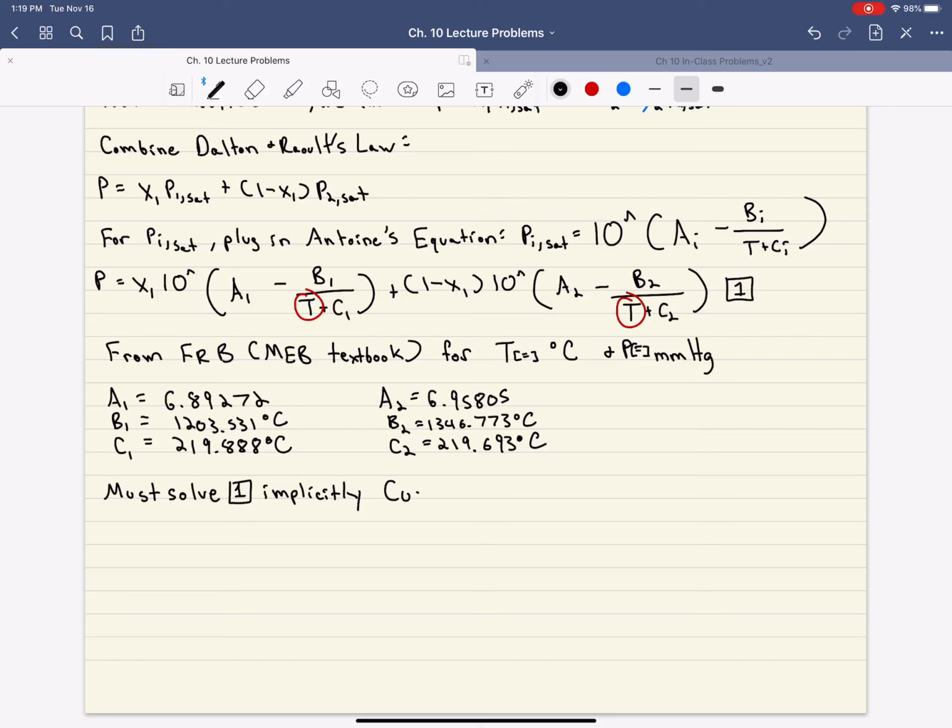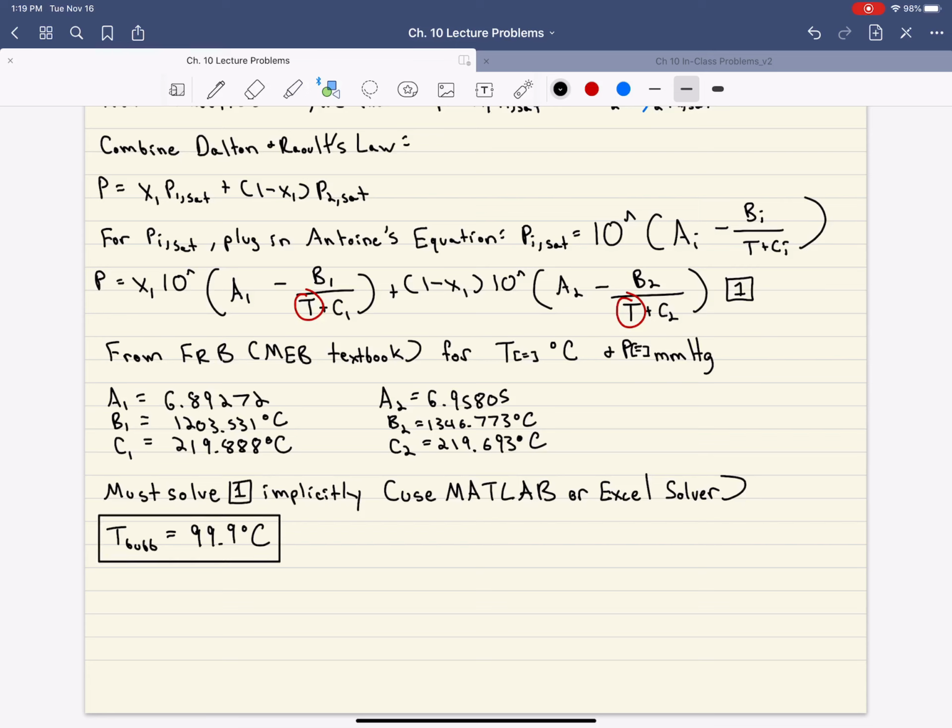You can use either MATLAB or even just Excel Solver to solve for temperature. Whatever method you use, you'll find that the bubble point temperature is 99.9 degrees Celsius.